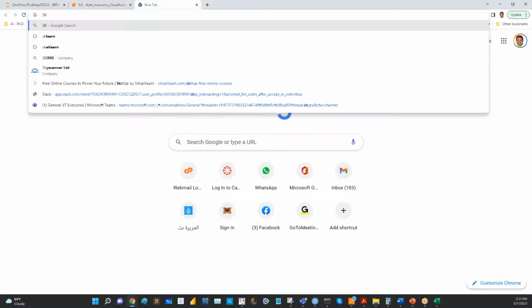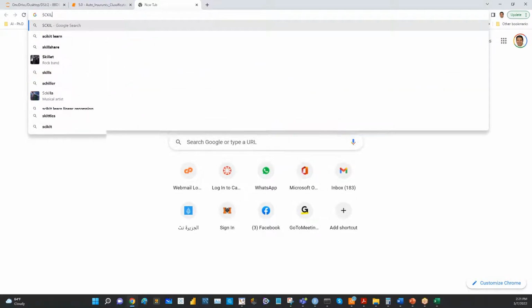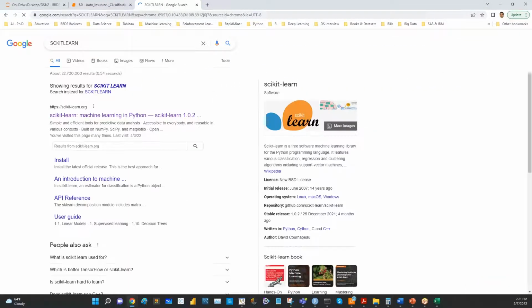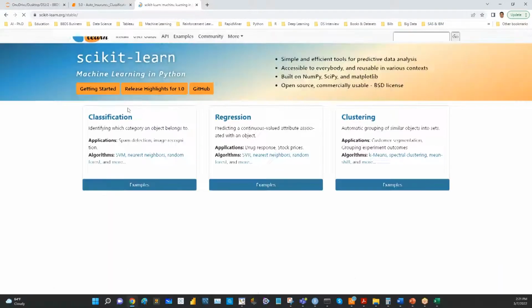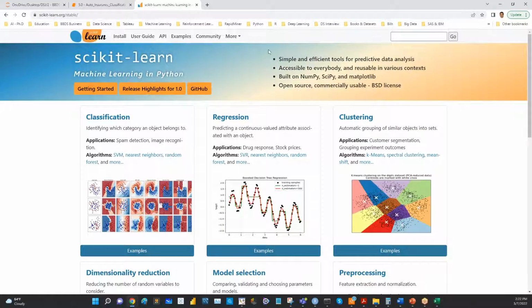Scikit-learn is a huge library. This is the website, please Google it, scikit-learn.org, or just go through this website. It does support classification algorithms.